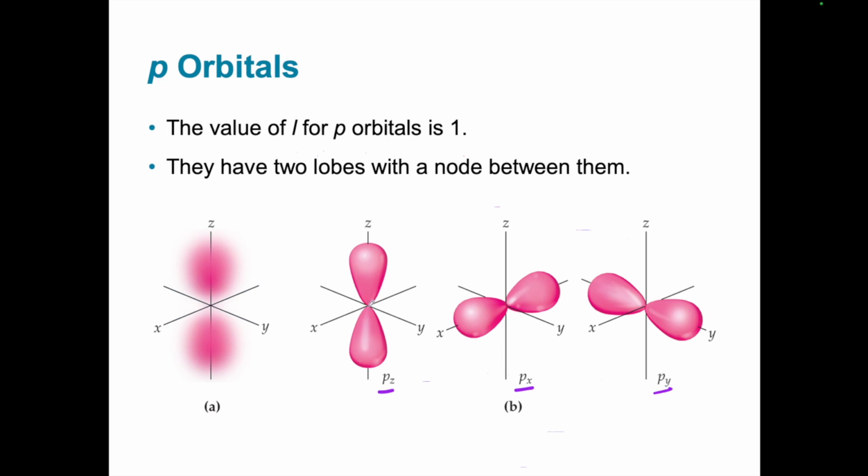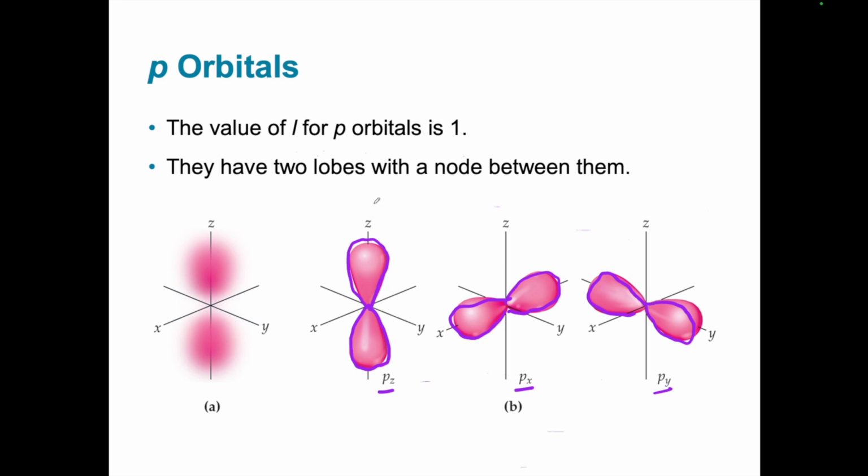And so this is called the pz orbital because it aligns itself with the z axis. And then the px orbital aligns itself with the x-axis, and the y-axis here has its p orbital on it. So the py orbital actually aligns itself with the y-axis.